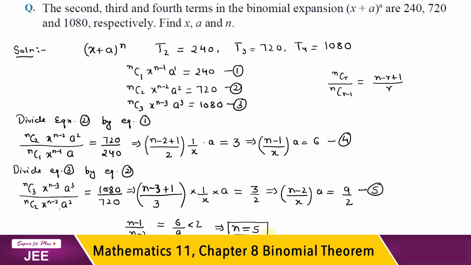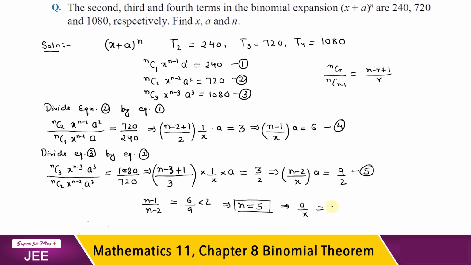Now once we have determined the value of n as 5, substitute this value of n in equation number 4. So in numerator we get 5 minus 1, that is 4, and we get the ratio of a by x. So a by x is equal to 6 divided by 4, which is 3 by 2.